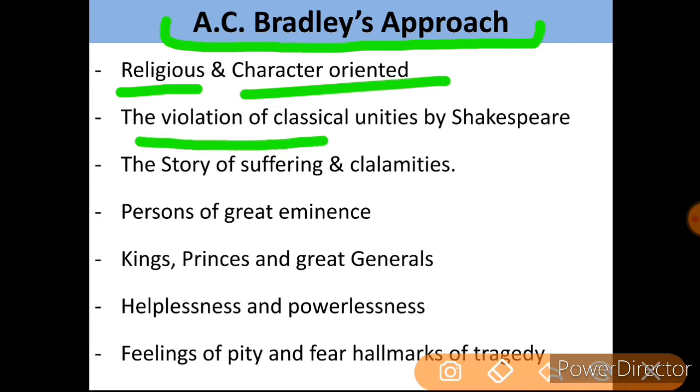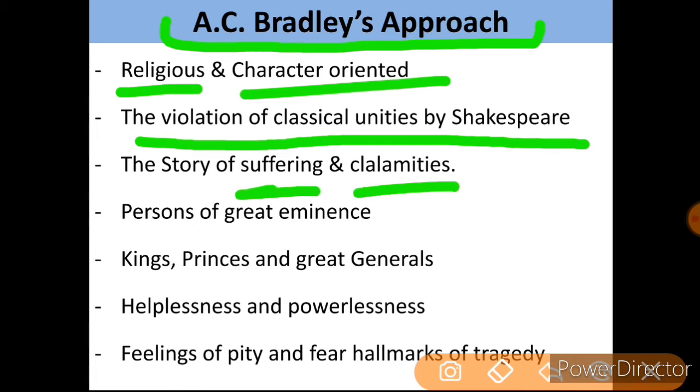So, violation of classical unities is one of the significant aspects of Shakespearean tragedy: Shakespeare did not follow the classical unities. A Shakespearean tragedy, as Bradley says, is the story of suffering and calamities, where the fall of the hero is exceptional, unexpected, and contrasted with his previous happiness or glory.